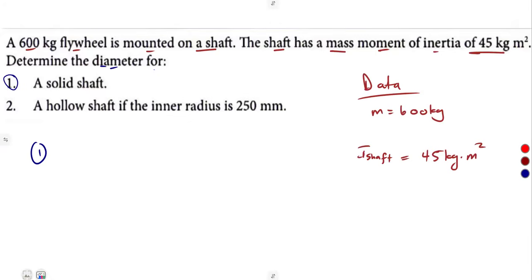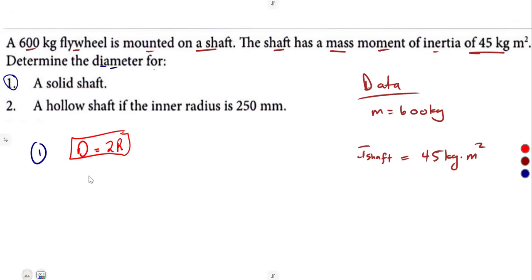So the moment of inertia is taken as of the solid, where we are to calculate the diameter. So diameter is simply 2 times what? The radius. If we can have the radius, we are done.